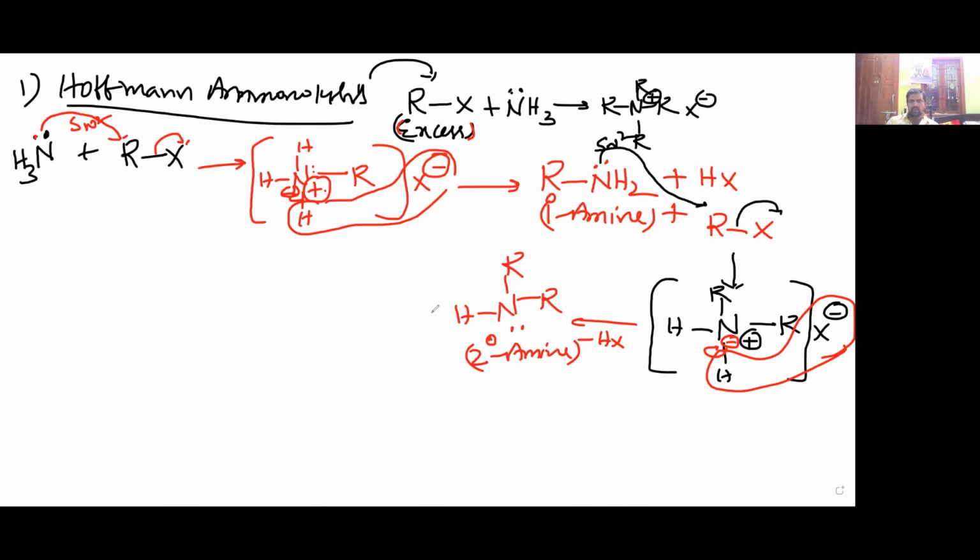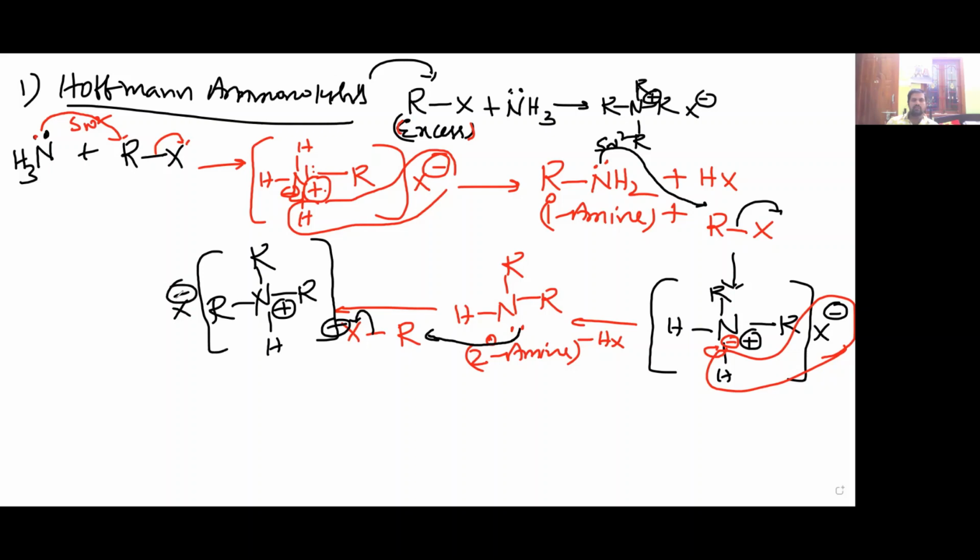Next, again this is treated with RX, which we take in excess. The nucleophile attacks from the backside and X minus leaves, giving N with R, R, R and a hydrogen with positive charge, and X minus for stabilization.